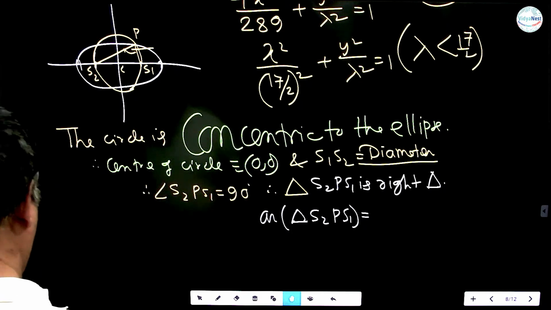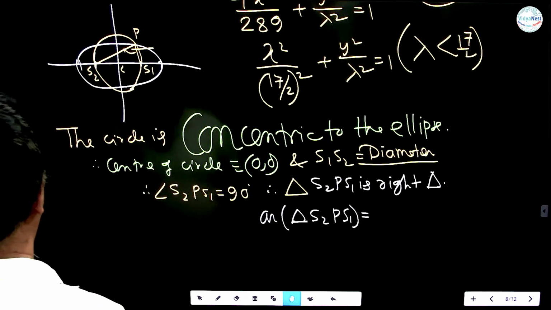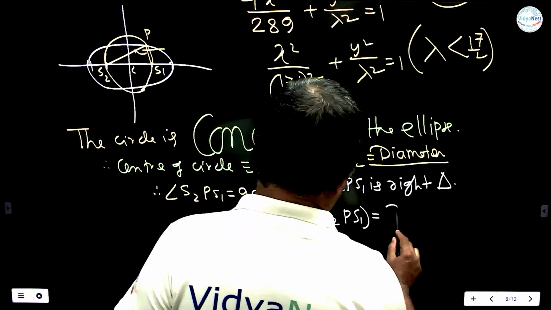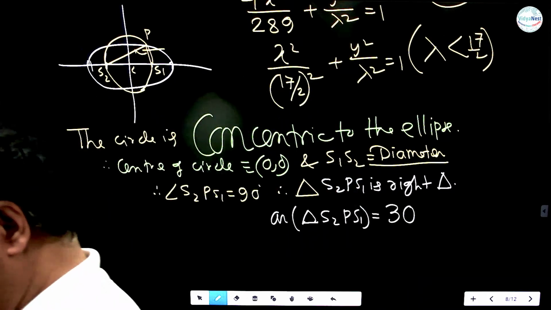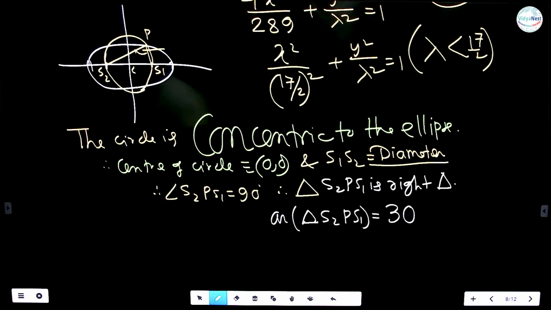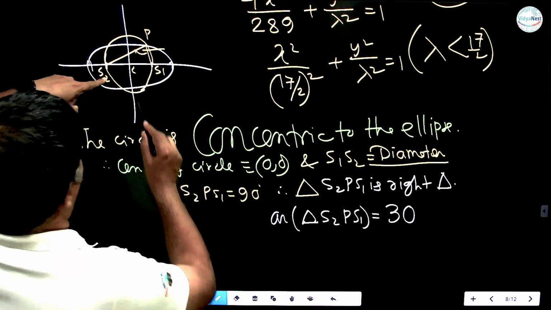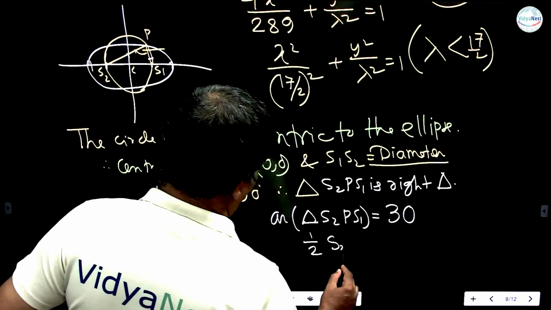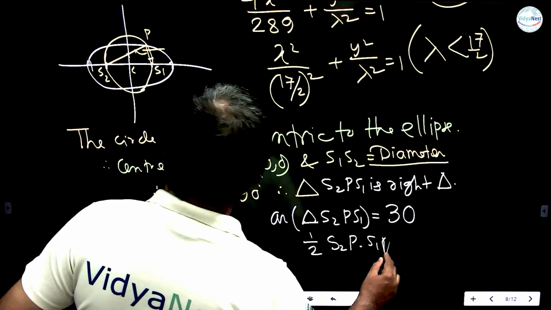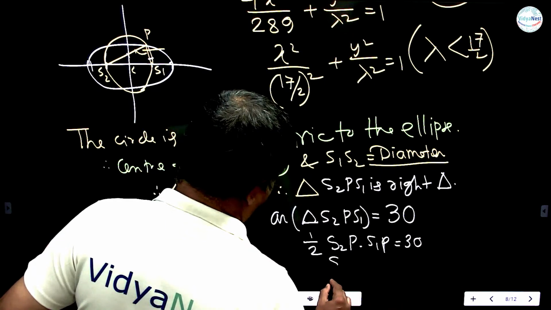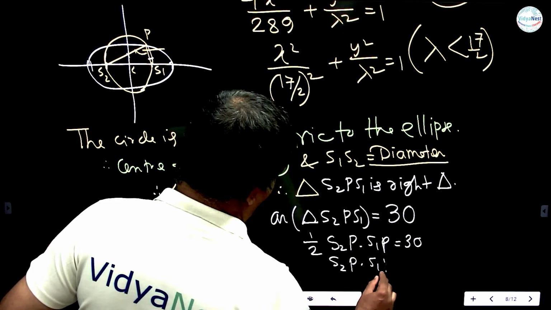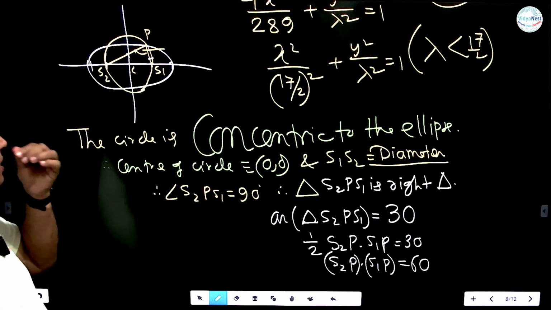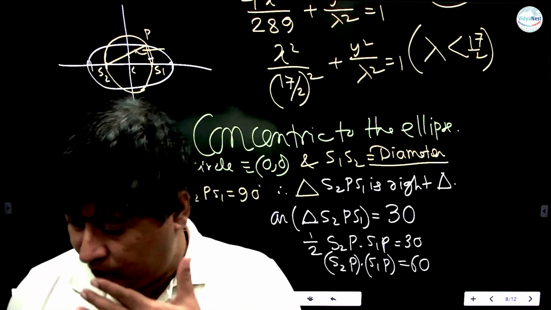Okay. The area is given as 30, according to the question. That means this is the base, this is the height. Half, I can write half S2P into S1P is equal to 30. S2P into S1P is equal to 60. Okay, so we could reach up to this stage. Yes or no? Yes, sir.